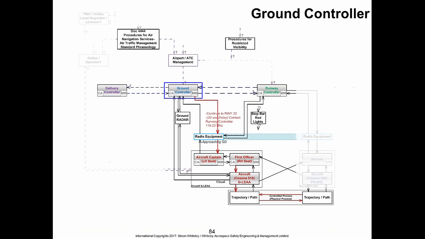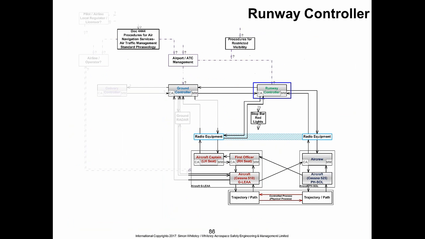So let's have a look. On this control structure, I haven't modeled the interactions with the stop bar lights. I've just put some arrows with a question mark. That's because there is not enough information in the source material to tell me how that important mitigation fits into the system.